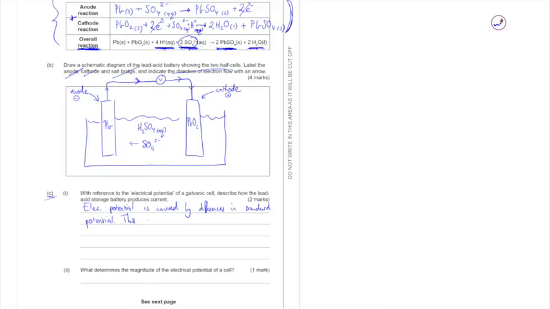This causes movement of sulfate ions, which causes the flow of electrons, producing current.